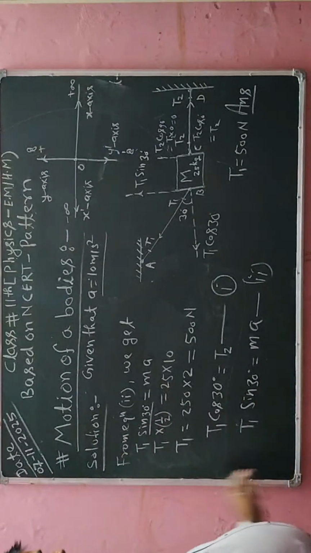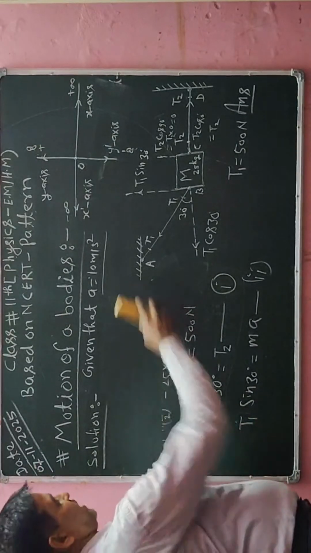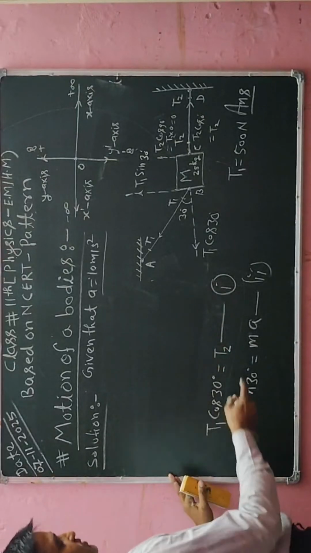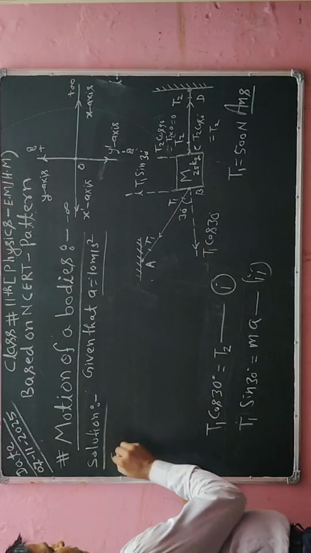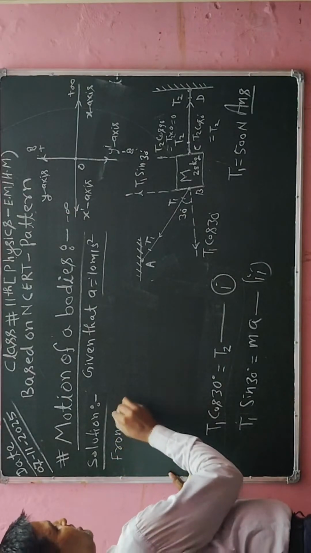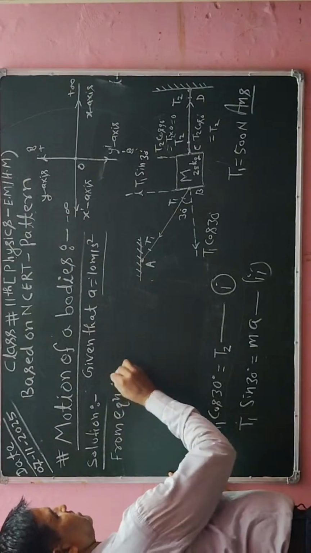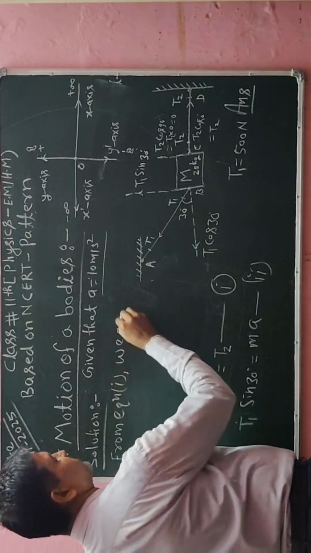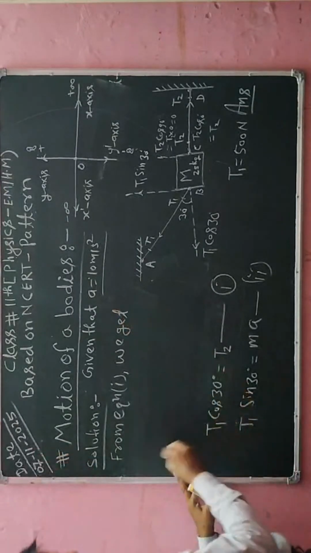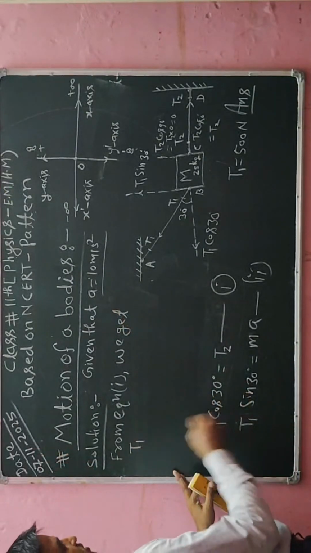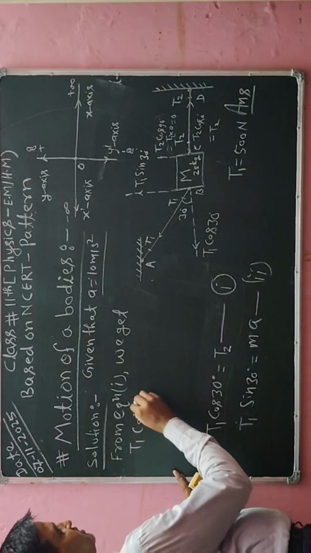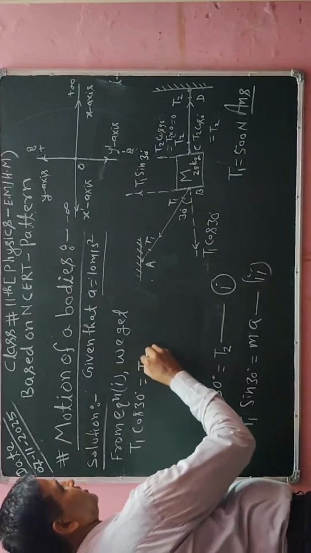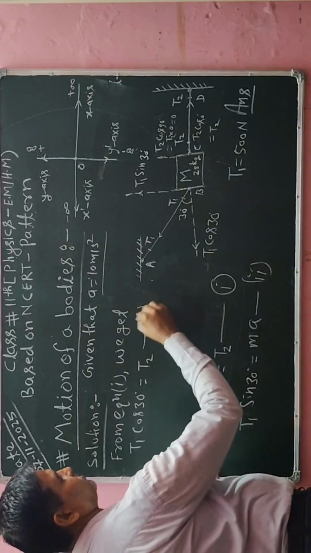Okay students, so you concentrate here. Positively I am going to erase it, and after erasing I have to write here, from equation number 1 we get, first of all I have to write equation number 1: T1 cos 30 degree, which is equal to T2, and this is equation number 1.